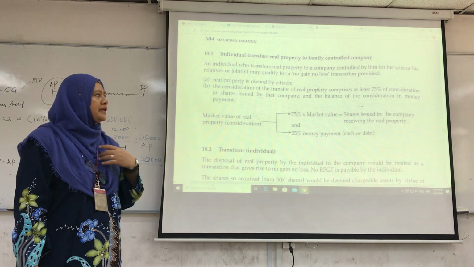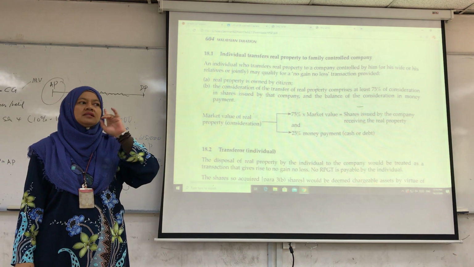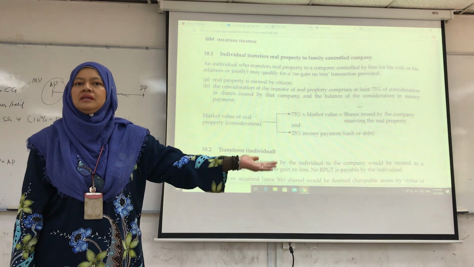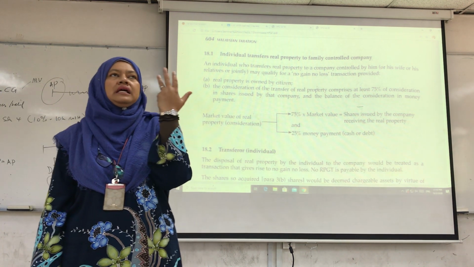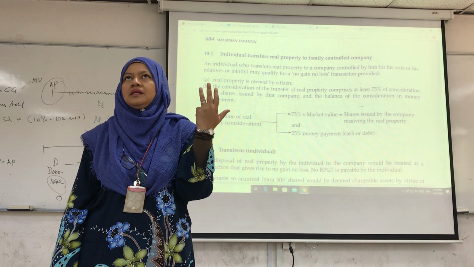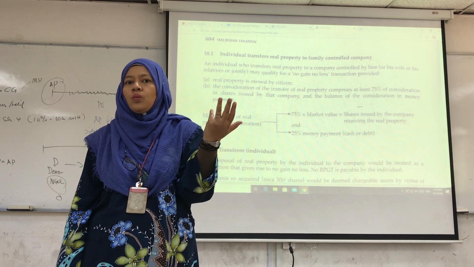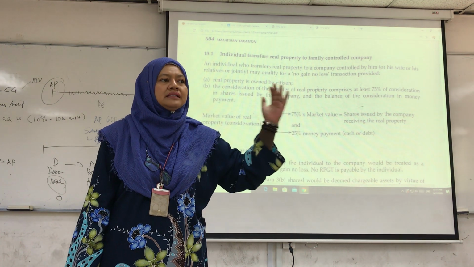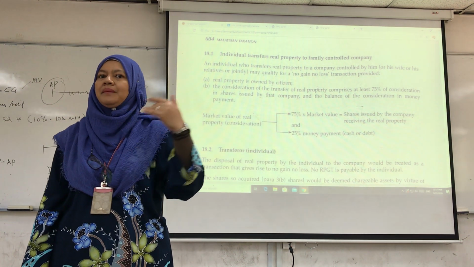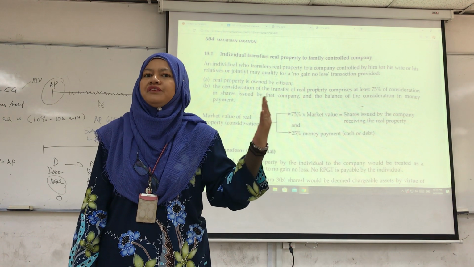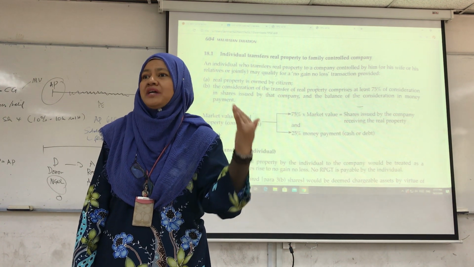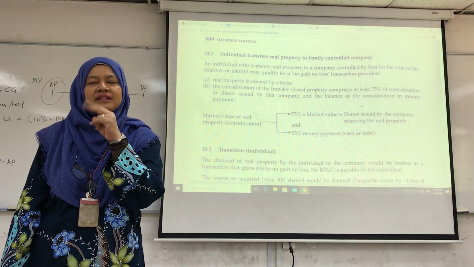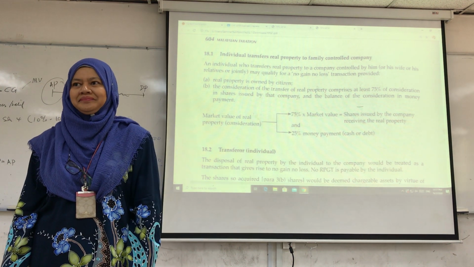But what happens is that when I transfer the property, the company, rather than paying me in cash, for example, let's say the value of the property is 1 million ringgit. Instead of paying me cash 1 million ringgit, the company gives me 750,000 shares valued at 1 ringgit each. For the balance 250,000 the company pays me cash.